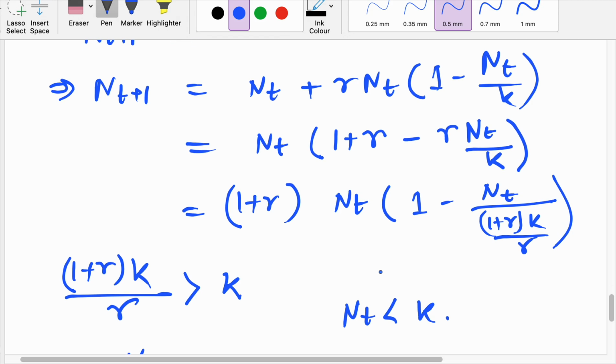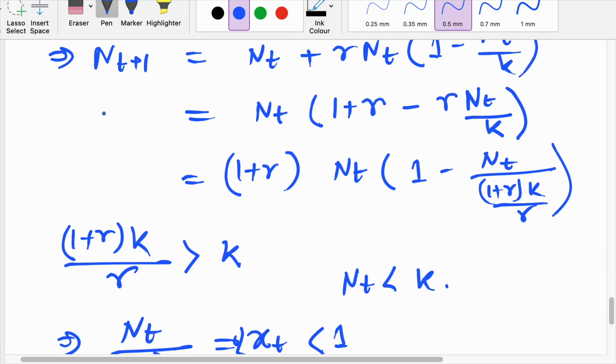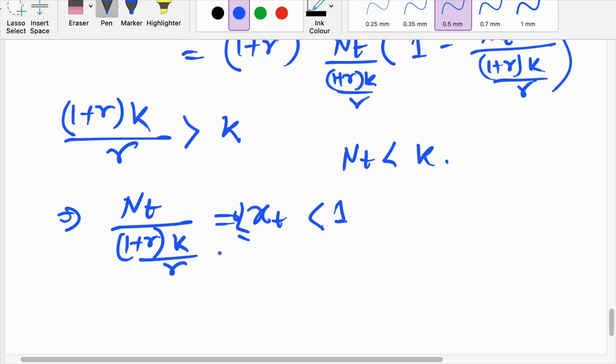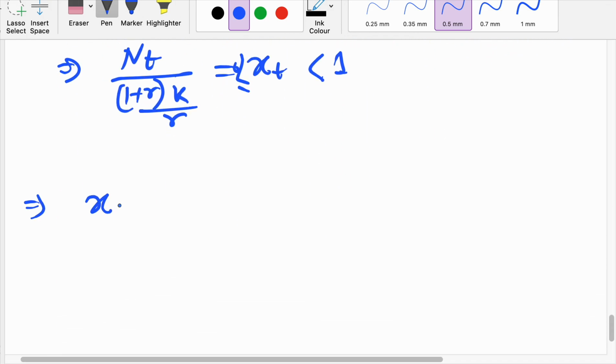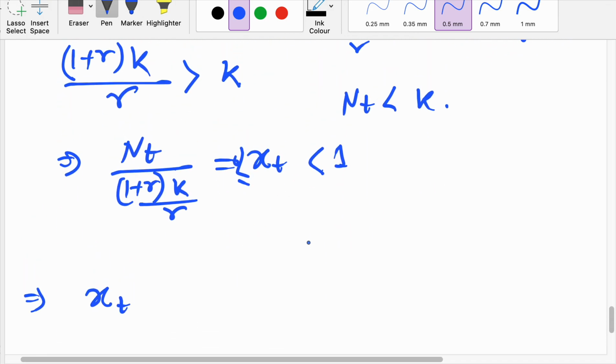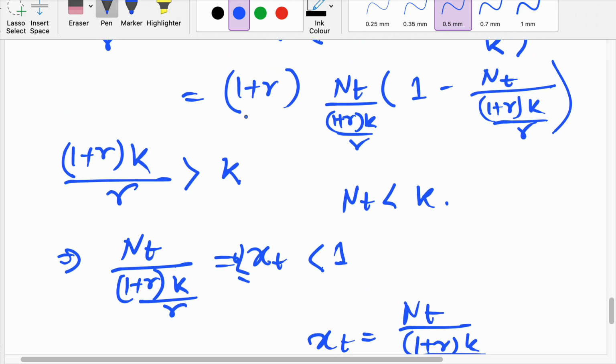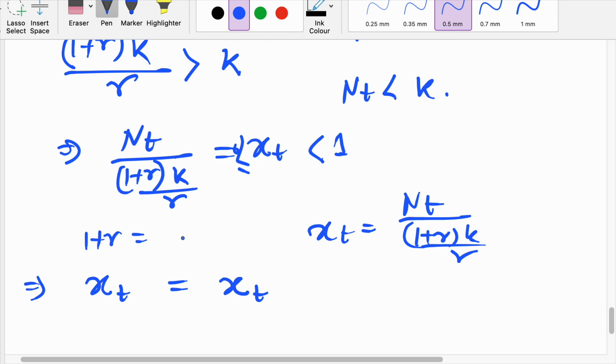Now if I divide every side by this quantity (1 + r)K/r, where x(t) is N(t) by (1 + r)K/r, you will find that x(t+1) equals a x(t) (1 - x(t)), if I take 1 + r equal to a.